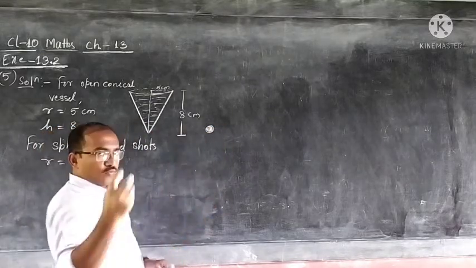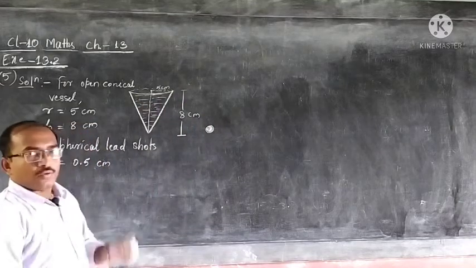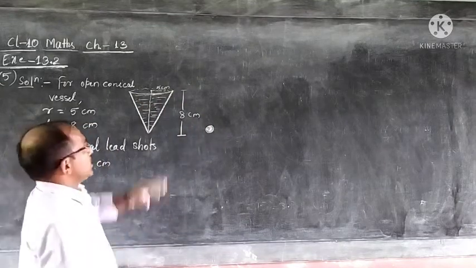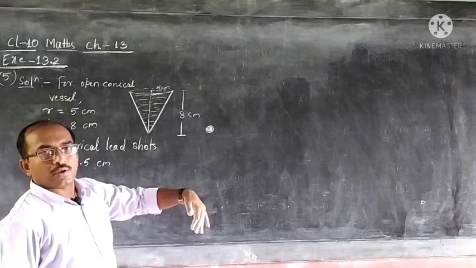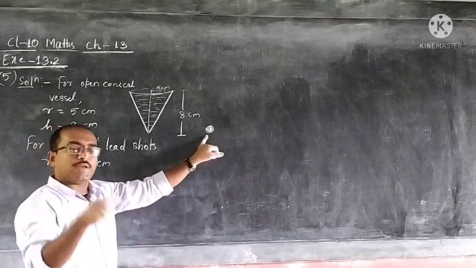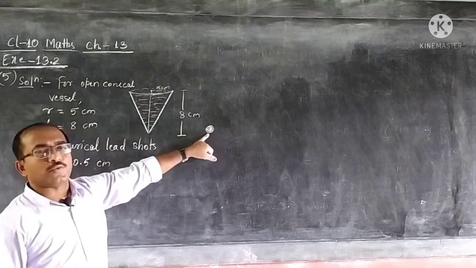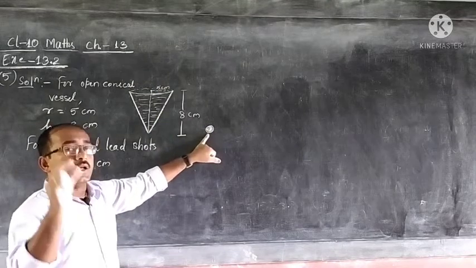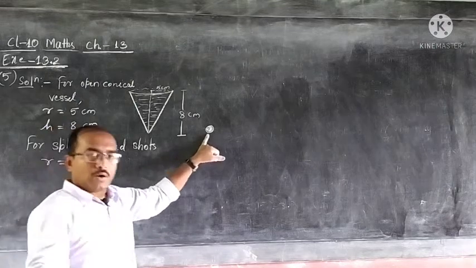Not saying here one lead shot, some lead shots are dropped into the vessel. Then what will happen? Since it was full, some amount of water will flow out. Number of shots, we are not mentioning here one shot is dropped. Even if one shot we drop, if it is completely filled, what will be the volume of this spherical shot, that much water will be splashed out or flowed out.